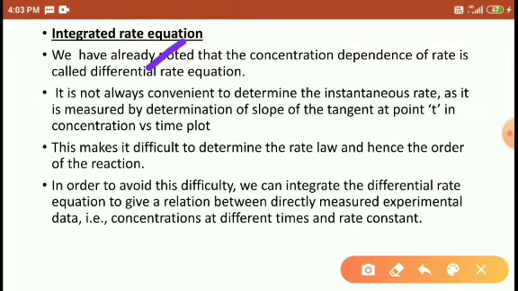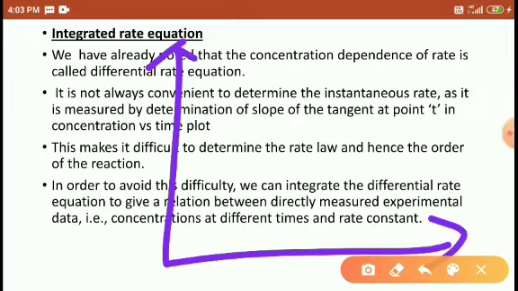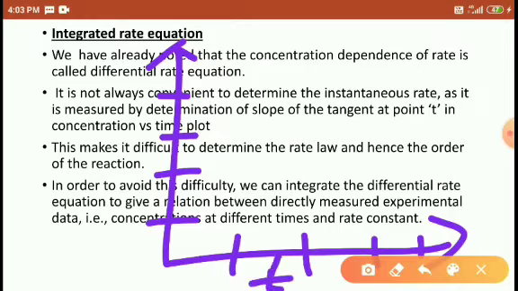Like this, students, the time t and the concentration c. Here, experimentally we determine the concentration of the reactant with respect to time.